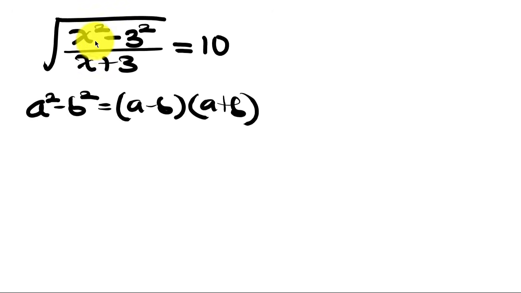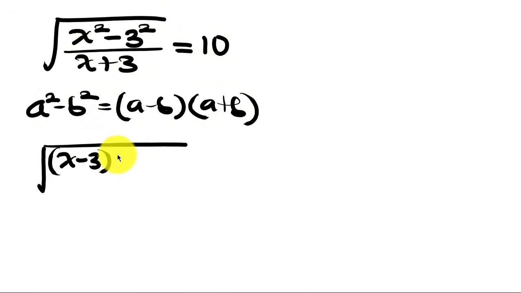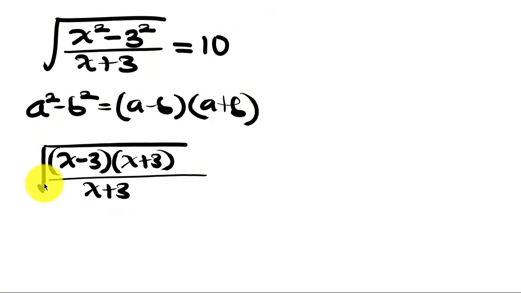So the expression in the numerator now becomes the square root of x minus 3 times x plus 3. Very good. All over the denominator, which is x plus 3. Now remember, this is covering both the denominator, and this is equal to 10.